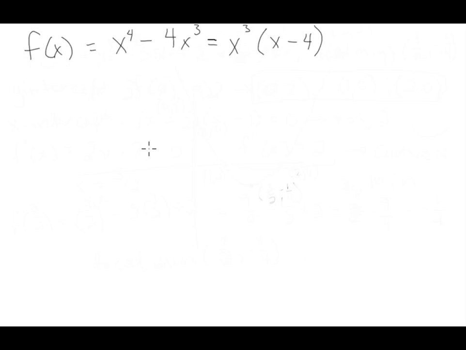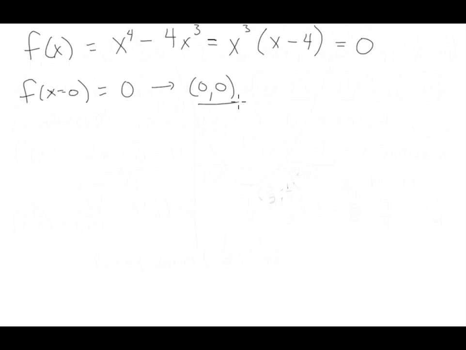All right, so we check the domain. The domain is the full real line. We're going to check the x and the y intercepts. Notice that when x equals 0, this function has a value of 0, so we know that our graph needs to go through 0, 0. We're now going to look for the roots, what makes this function equal to 0.